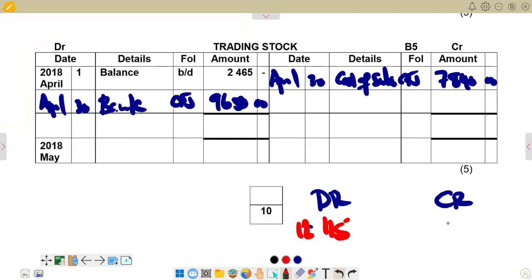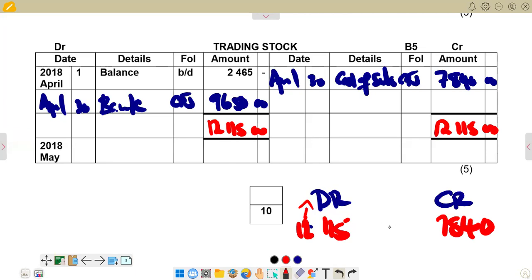For the total of the credit, we only have one figure there, which is 7,840. So you compare the two, you see that the debit side is the greater total, which is 12,115. So it's supposed to come in between the double lines, both sides, 12,115.